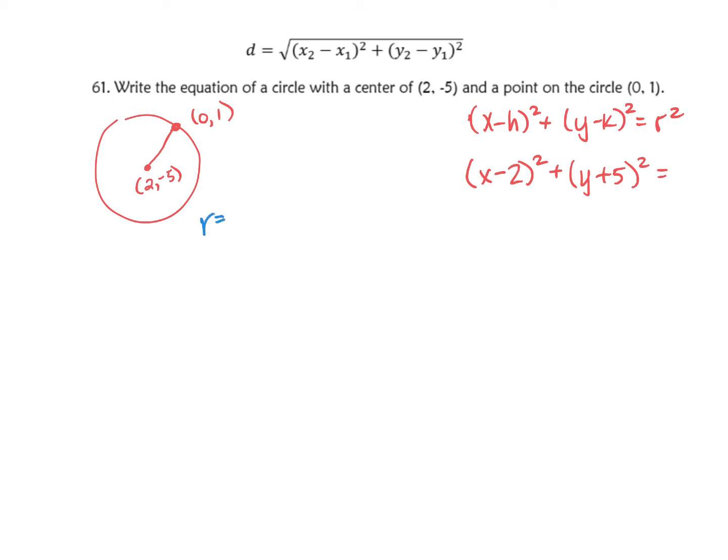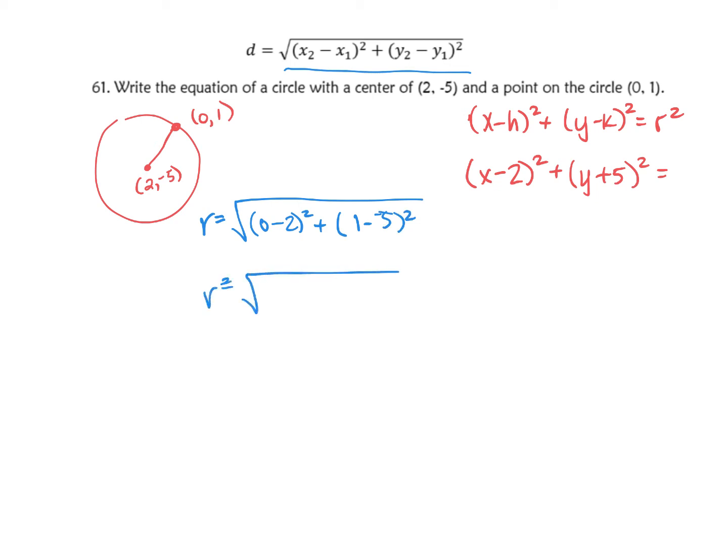Okay, so the length of my radius is going to be equal to, I need to subtract my x's, so the square root of 0 minus 2 squared plus, subtract my y's, 1 minus -5 squared. Radius equals 0 minus 2 squared gives me -2 squared, plus 1 minus -5, that's really plus a positive, so that's the quantity of 6 squared.